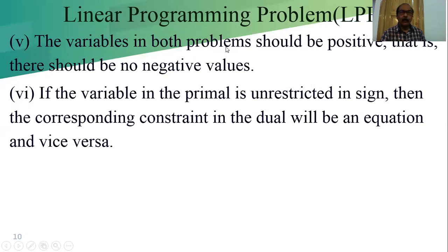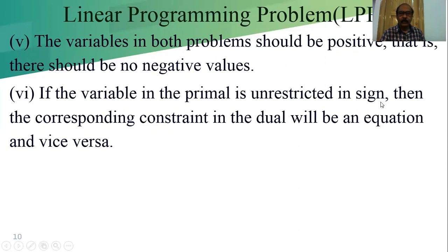The variables in both problems should be positive. That is, there should be no negative values. That means all the variables should have the non-negativity restriction. If a variable in the primal is unrestricted in sign, we already learned we can decompose an unrestricted variable into the difference of two restricted variables.